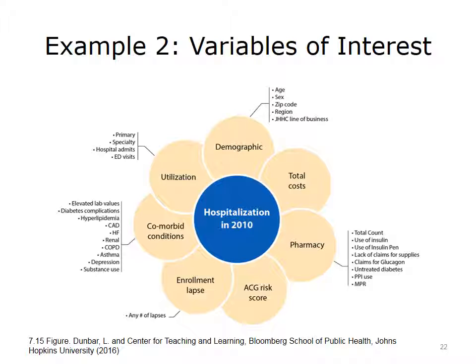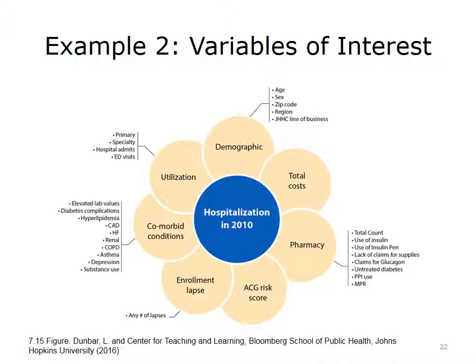Were there any enrollment lapses in the health plan? Any number of lapses. There could be 3 or more lapses in their 2006 to 2008 and 2009 datasets. Comorbid conditions, besides diabetes. Were there elevated laboratory values?